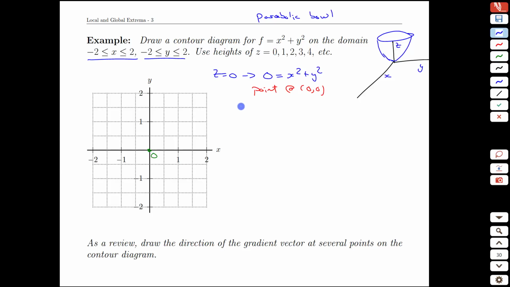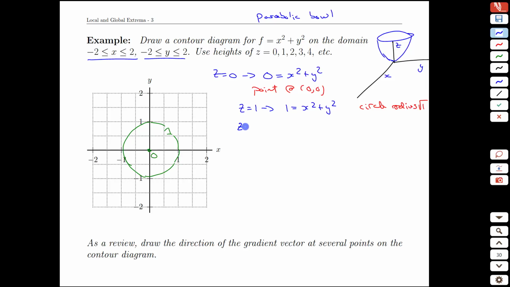If we move up one notch to z equals 1, that gives us 1 equals x squared plus y squared, and that of course is a circle. Remember the right side here is the square of the radius, so the radius is the square root of 1, which is just 1. So we're going to have a circle like so, and that is at height 1.